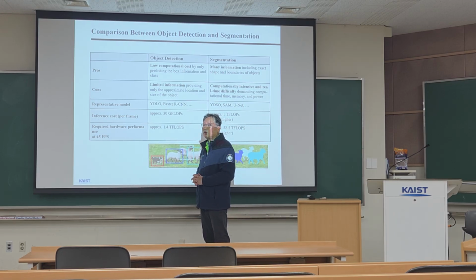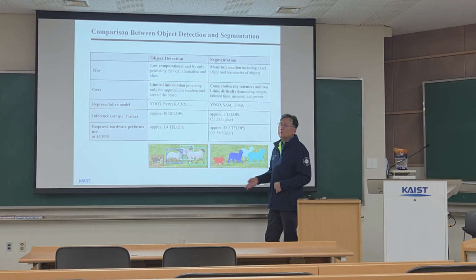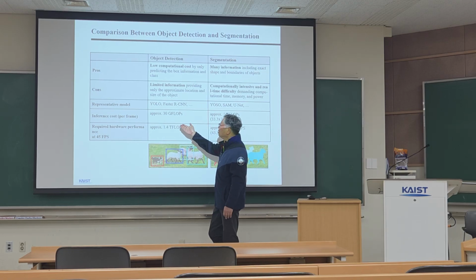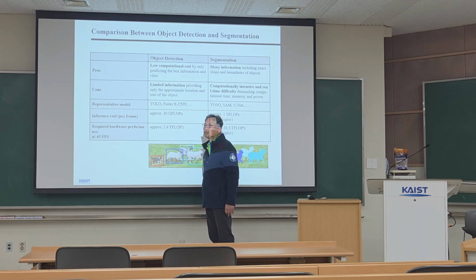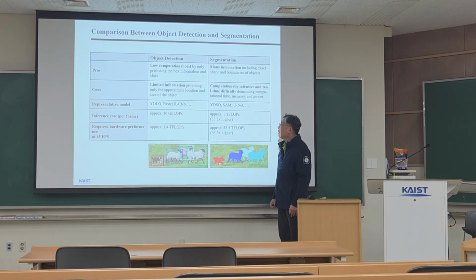In terms of after you've trained it, how many flops, how much computation does it require to do detection or segmentation? 30 gigaflops to run YOLO, and for segmentation, 33 times higher.